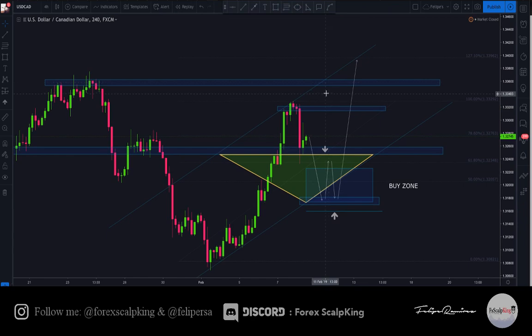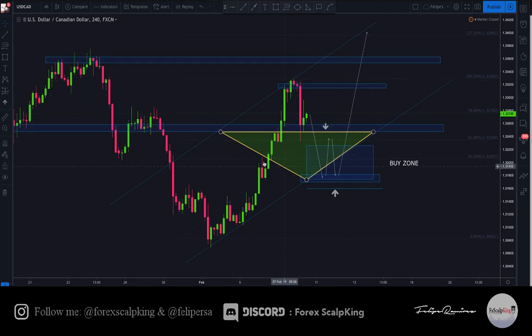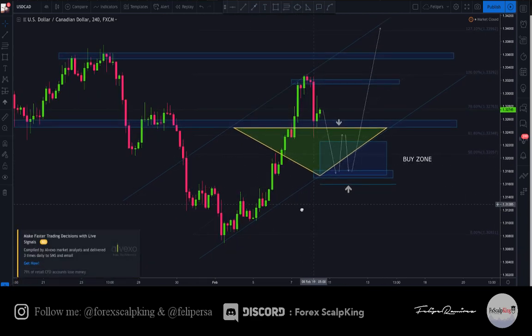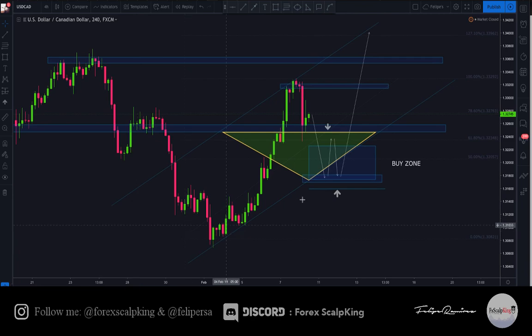That is also a sort of ABC, AB equals CD. The distance of this push is going to be the same as this push after it shows rejection and the intention of continuing. Okay guys, I'm talking a lot right now. I know I'm talking a lot about wicks.